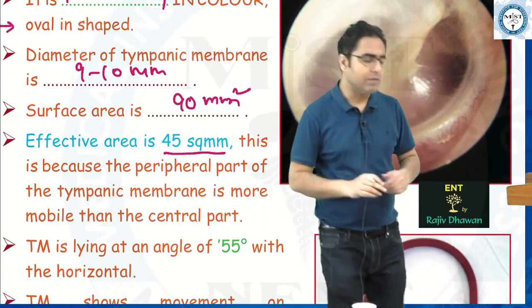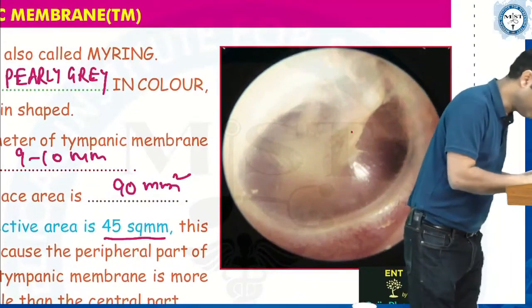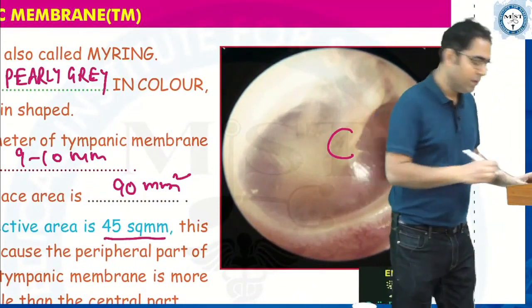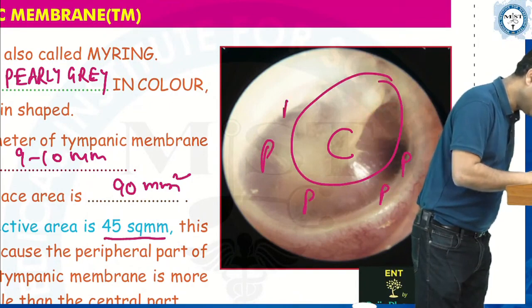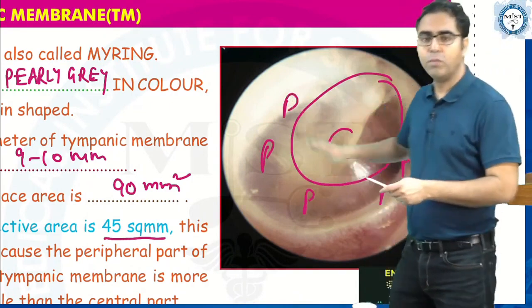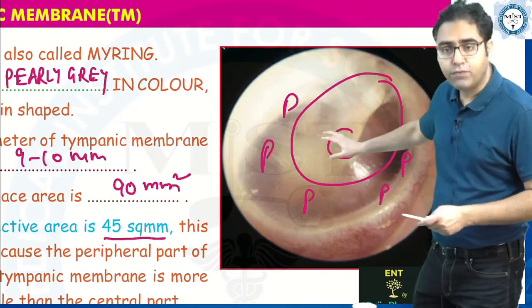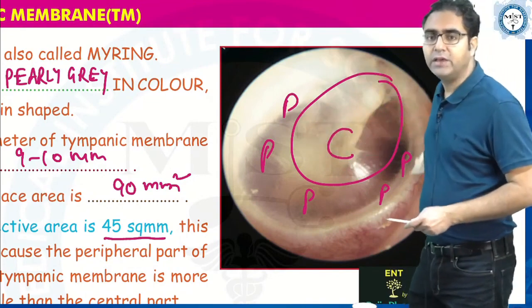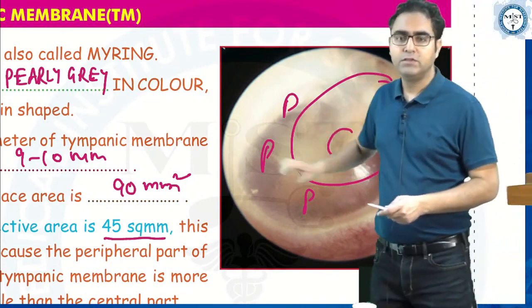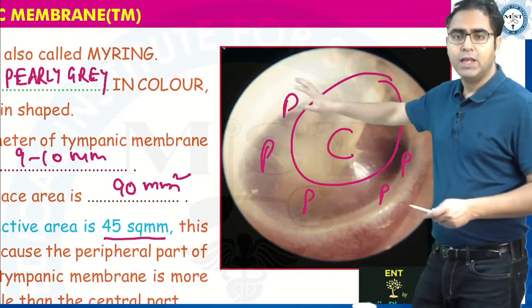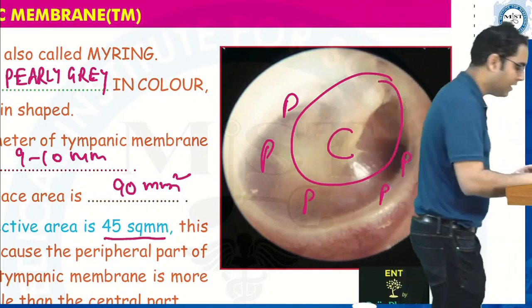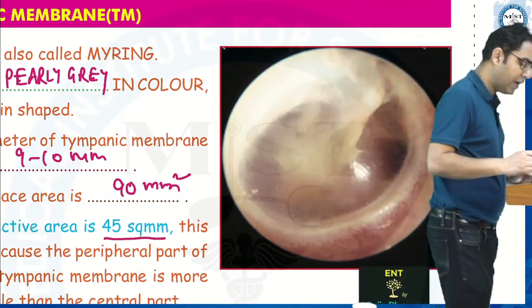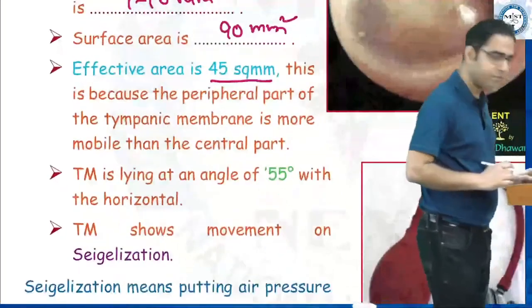Look at the screen: this is the central part and this is the peripheral part. The peripheral part shows more movement than the central part, which doesn't show too much movement. Therefore, the effective area is 45 square millimeter.